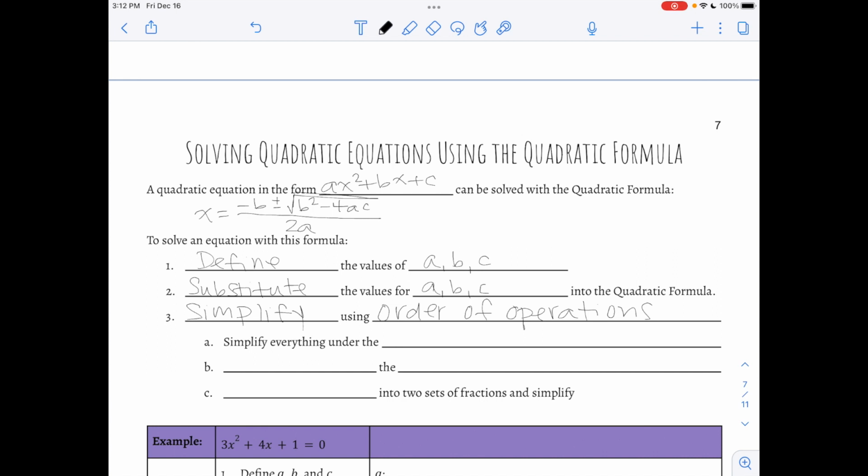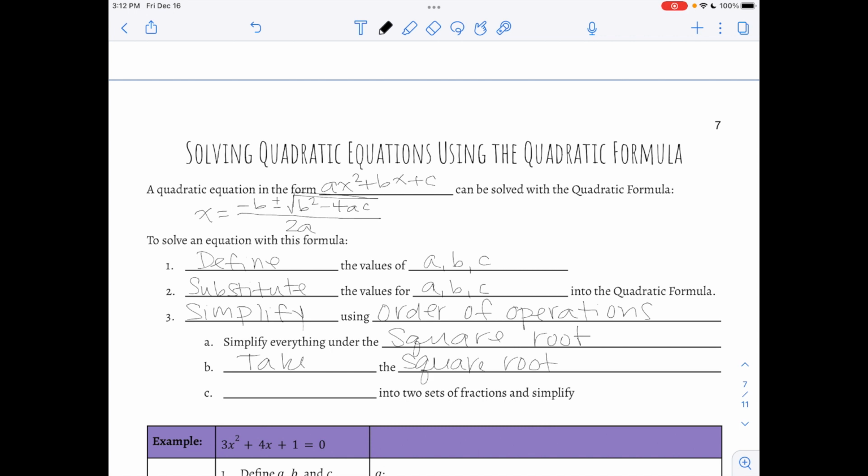To simplify it using order of operations, we're first going to simplify everything under the square root symbol. We are then going to take the square root.